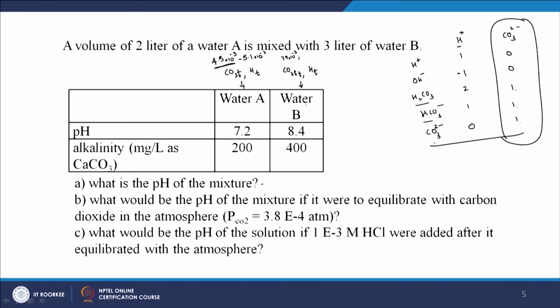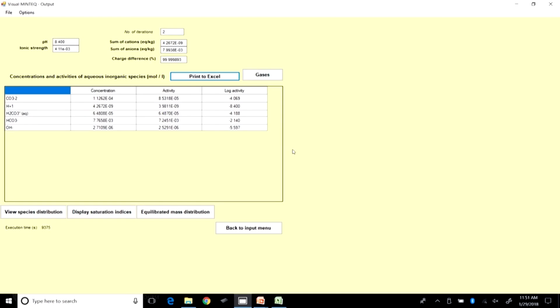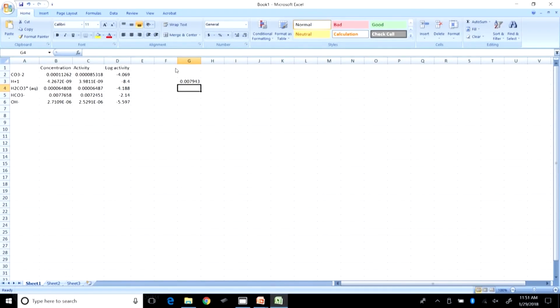And let us again go back, and what else were we considering? I believe we need to go back to Excel, and same case as earlier, we need to calculate the H total, and that is equal to H plus 2 times into H2CO3 plus HCO3 minus, and what are we missing? Minus OH minus, right.